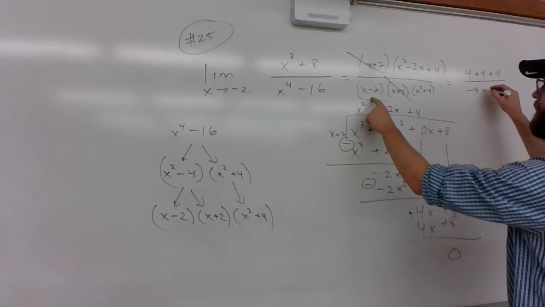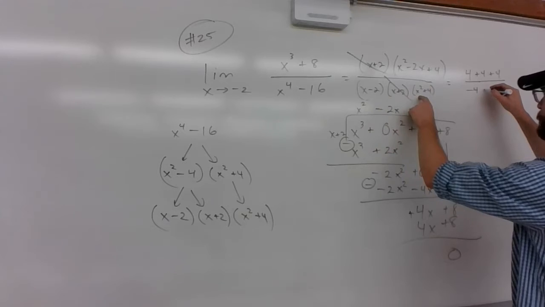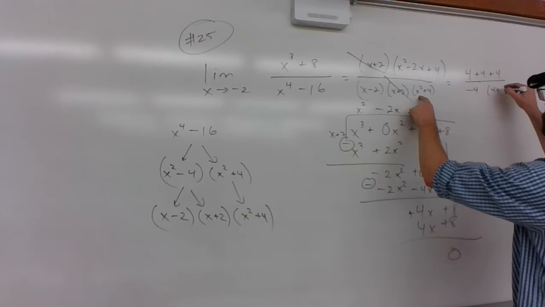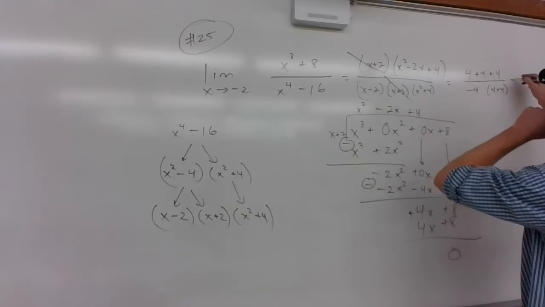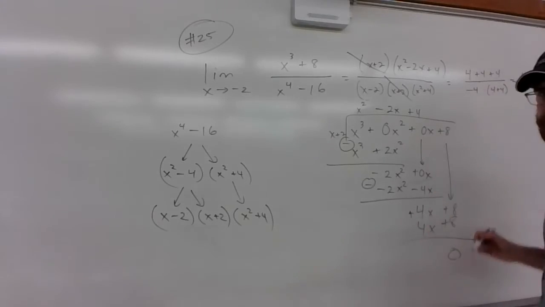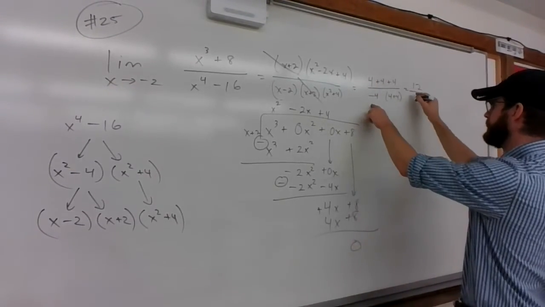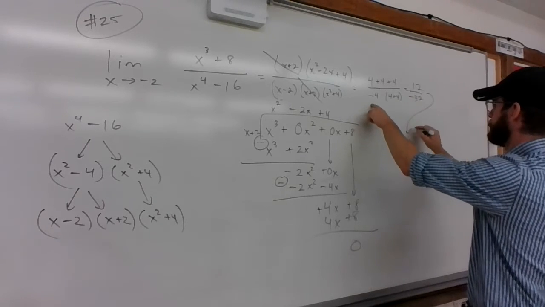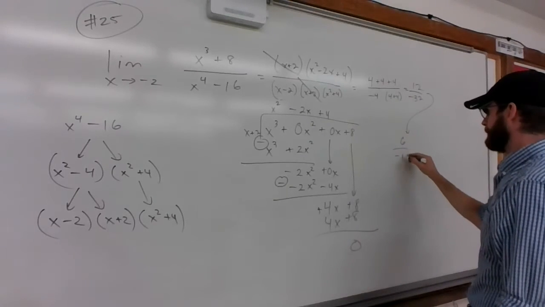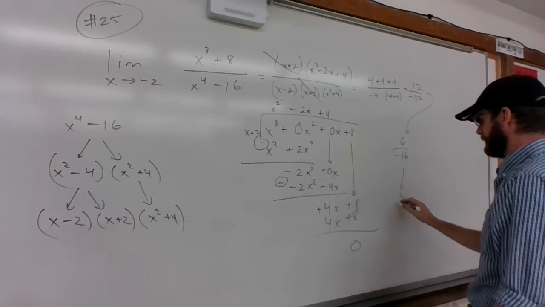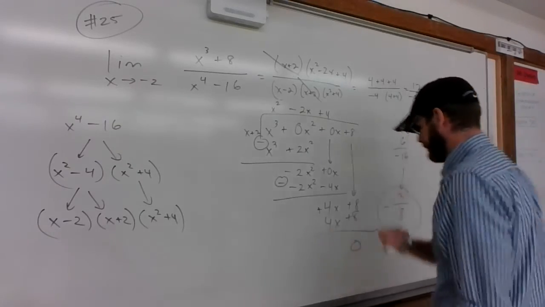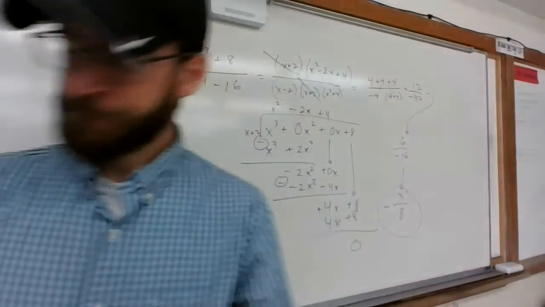Times negative 2 squared. Plus 4. It looks like 4, 8, 12 over negative 4 times 8. Cut it in half. Cut it in half. You got negative 3/8.